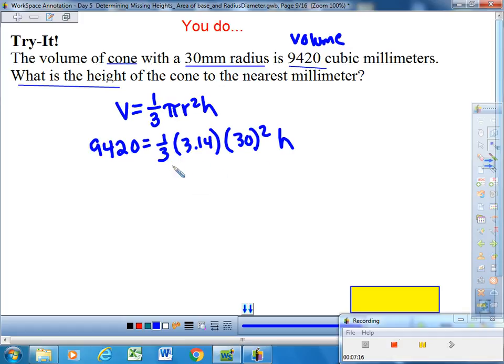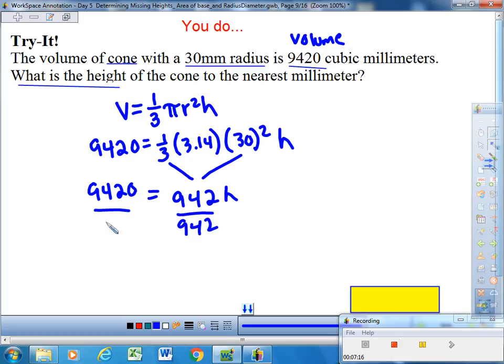So if I multiply all of this, you get 942h equals 9,420. If I divide, it becomes 10 equals h. So your height equals 10 millimeters.